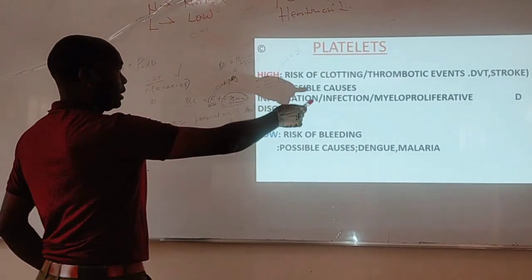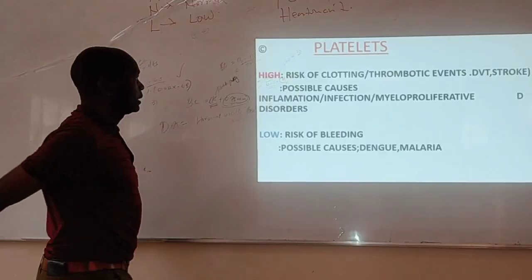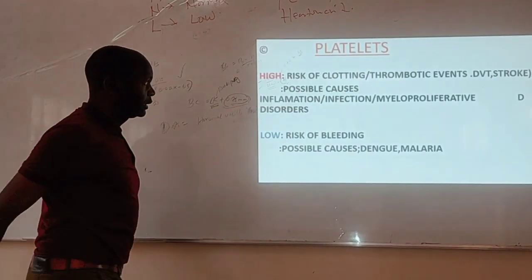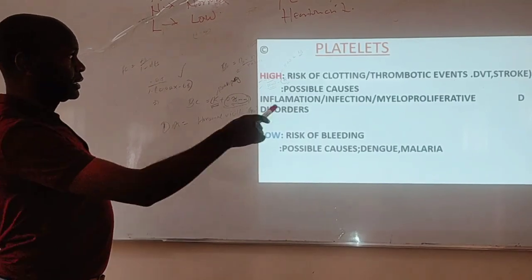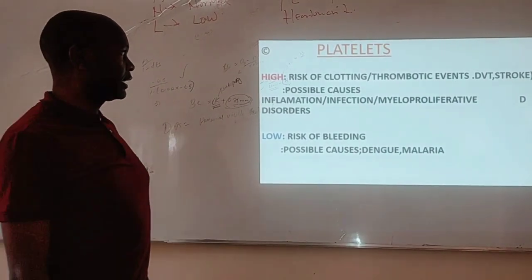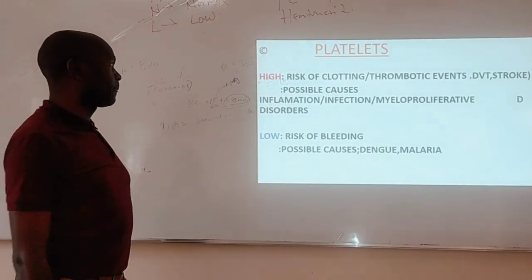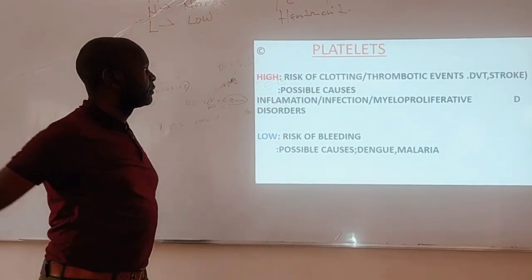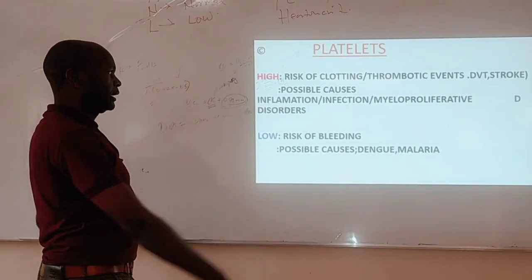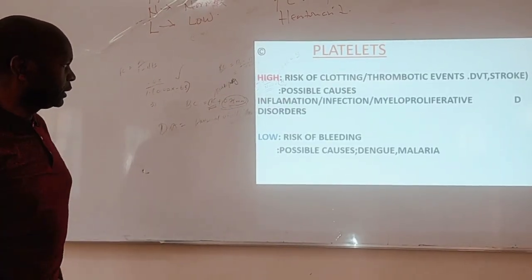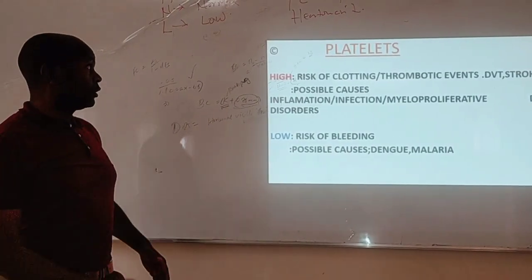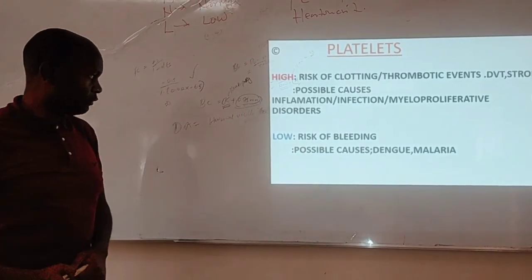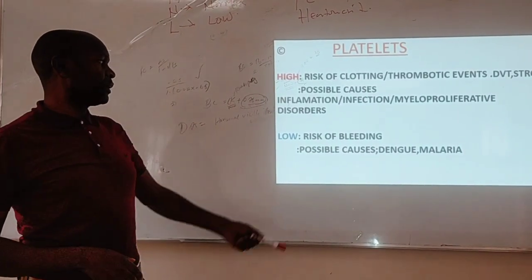So when you do a full hemogram and you find your platelets are high, then you have a high risk of clotting disorders, for example DVT and stroke. The possible causes of high platelets are inflammation, infection, and myeloproliferative disorders. A low count of platelets just indicates a high risk of bleeding for these patients.